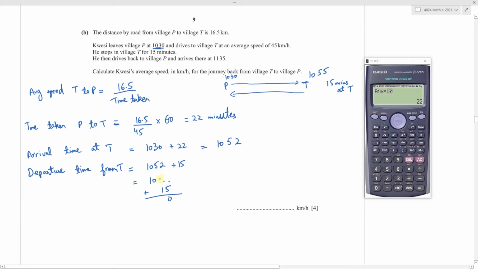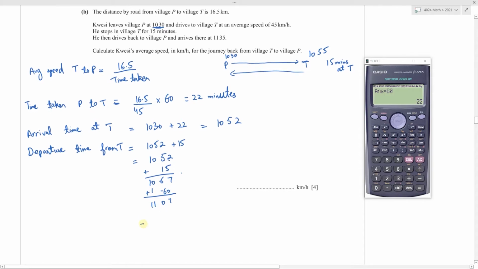So 10:52. 52 plus 15: 2 plus 5 is 7, 5 plus 1 is 6. So this is more than 60 minutes. So I'll subtract 60 minutes and add 1 hour here. So I will get 7 minutes past 11. So the departure time is 11:07. That's the departure time for the journey back.